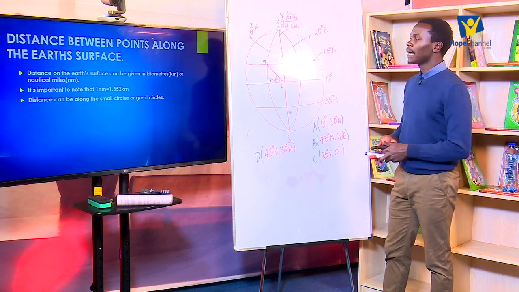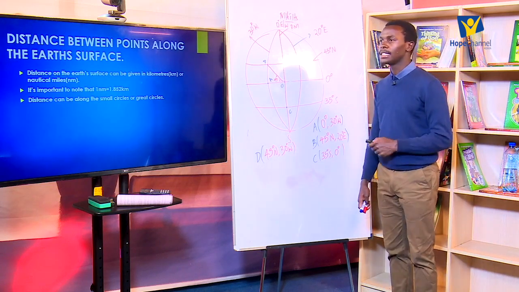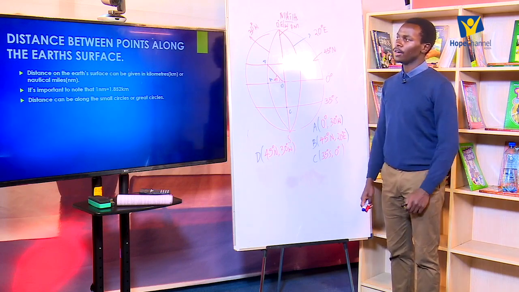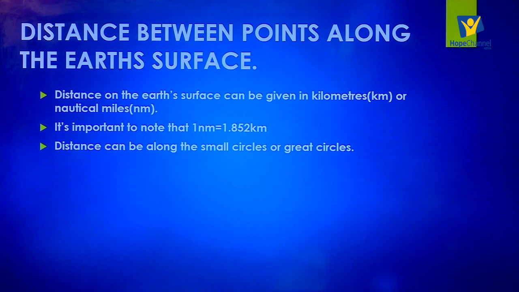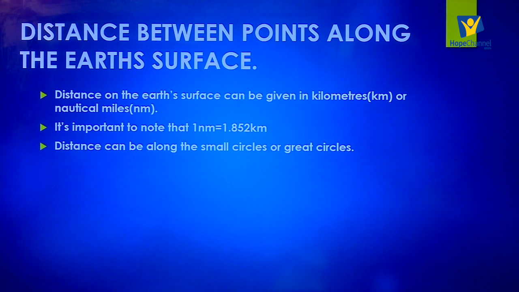Now, by the help of these latitudes and longitudes, we are able to calculate the distance between places on the Earth's surface. Now, this can be done in two units, in kilometers and in nautical miles. The relationship between the two is a constant that we can see here, that 1 nautical mile is 1.852.